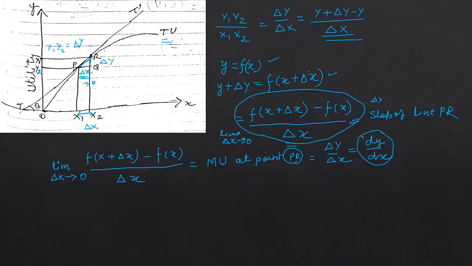This is not a fraction. It is just a notation which saves our time in writing the whole expression: the limit to which the ratio delta y upon delta x tends as delta x approaches 0.